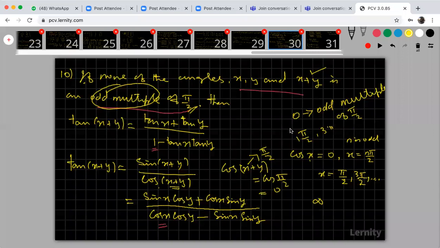Minus pi by 2, minus 3 pi by 2, minus 5 pi by 2 are odd multiples of pi by 2. 0 is not an odd multiple of pi by 2.